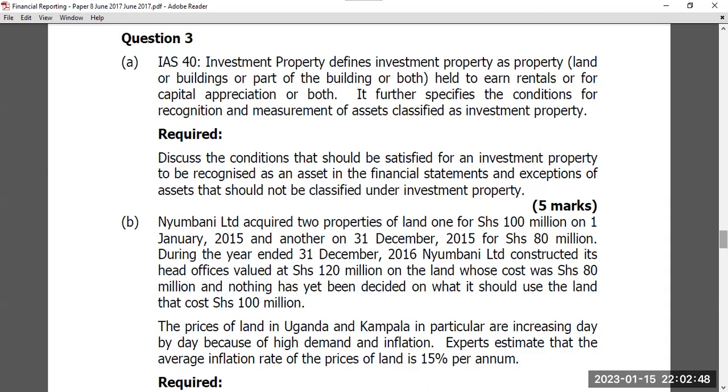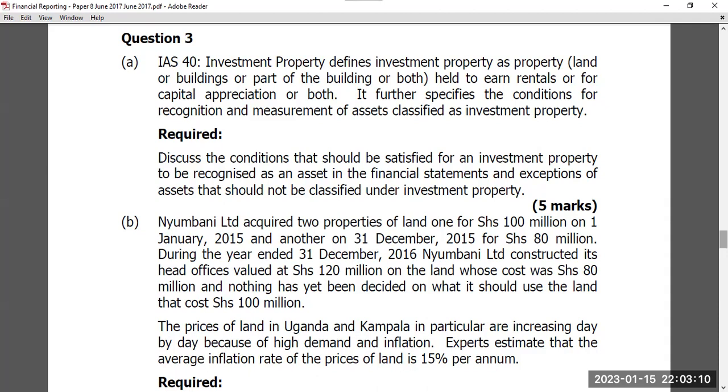This is basically the definition we gave in our first video or the notes we have, and they continue to say it further specifies the conditions for recognition and measurement of assets classified as investment property.